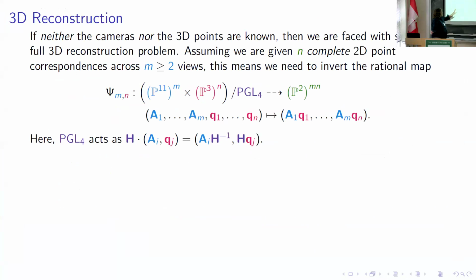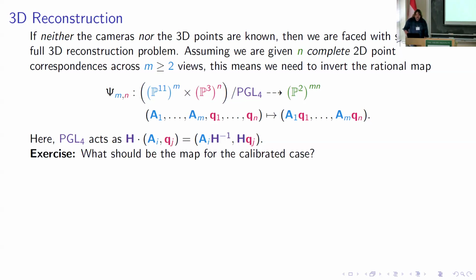So now it's a map that eats m cameras and n world points and spits out m times n 2D projections. And to even make sense of this recovery problem, you have to get rid of the fundamental ambiguity here, which is the action of PGL4, which changes world coordinates. Okay, and if you would like to work with calibrated cameras, you can think about what's the group you should replace PGL4 with to properly formulate this problem.